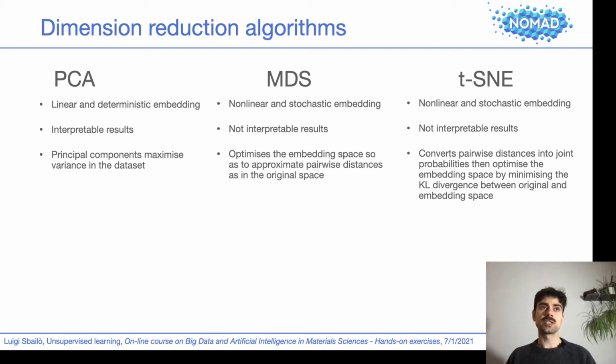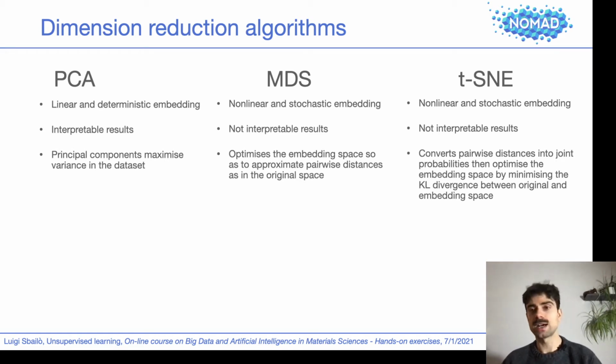This algorithm works by finding the principal components, which are those axes that maximize the variance in the dataset. So projecting on the plane that is spanned by those axes, you would preserve as much variance as possible from the dataset, losing the least information.